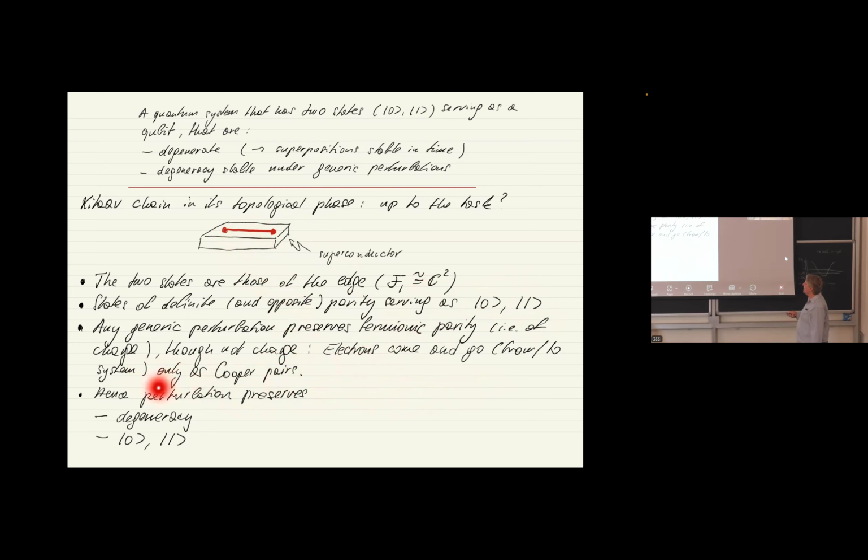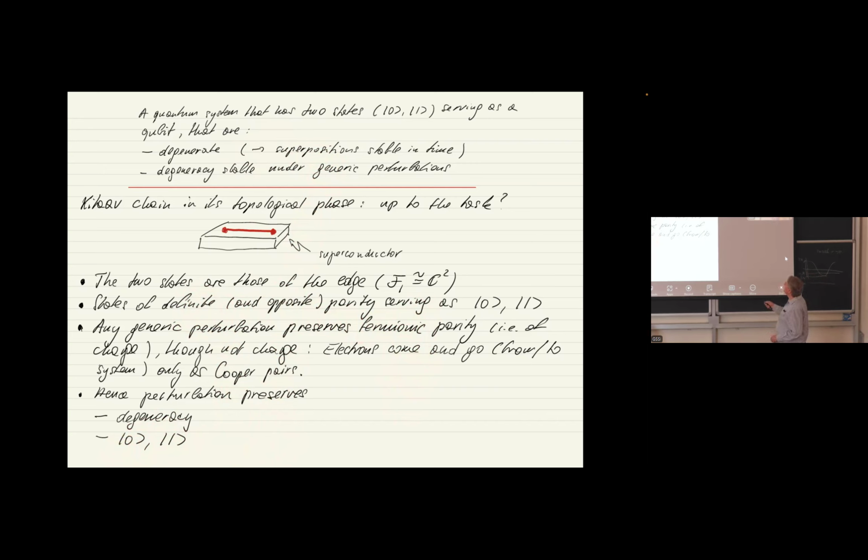And hence, the perturbation preserves the degeneracy, which is one of the things that you need to have the device working. And it preserves not only the degeneracy, but the two states, 0 and 1, individually, because they come with different fermionic parity, which is unaffected by the perturbation. That is the whole logic that is behind this proposal.